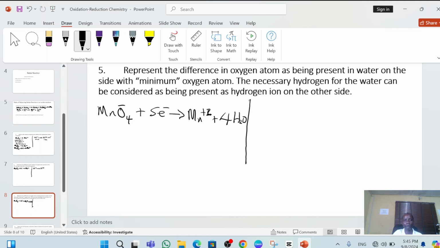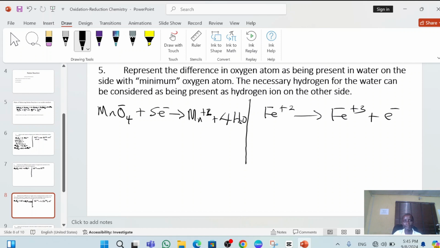These 4 molecules of water represent the oxygen. Now let's write this side again: Fe2 plus give Fe3 plus electrons.